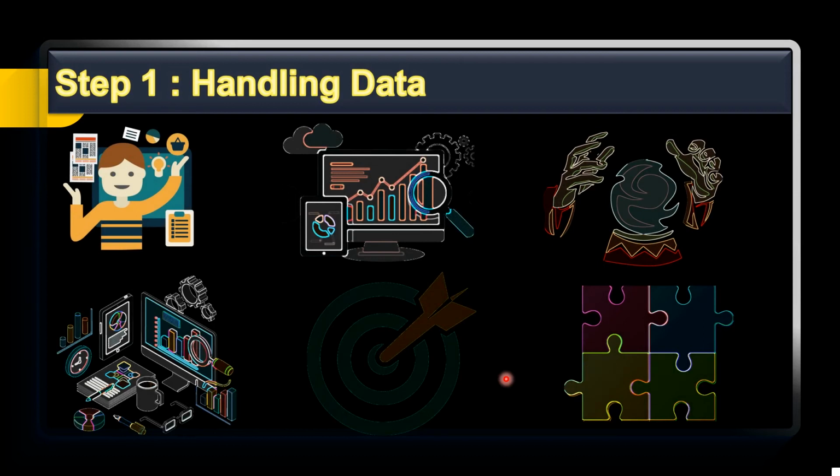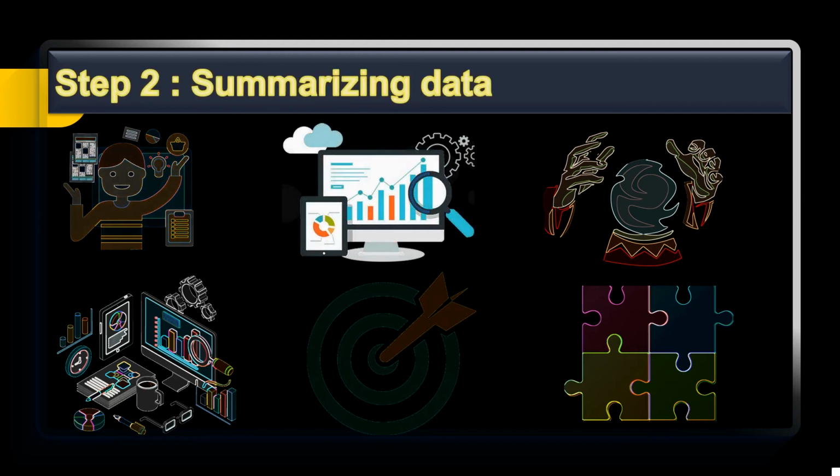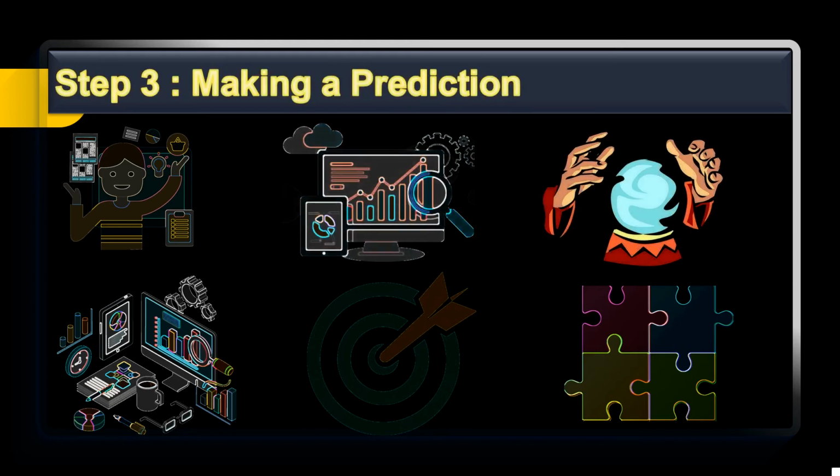Now I have broken the whole process down into the following steps. The first step is handling the data, in which we load the data from the CSV file and split it into training and test datasets. The second step is summarizing the data, in which we summarize the properties in the training dataset so that we can calculate the probabilities and make predictions. Now the third step is making a particular prediction.